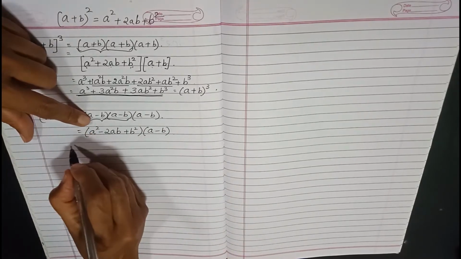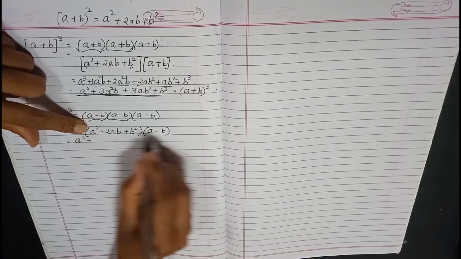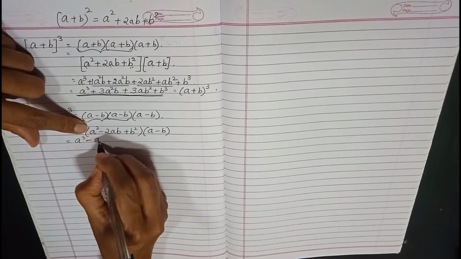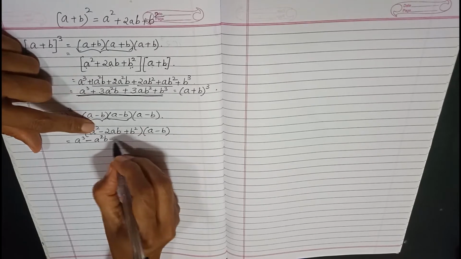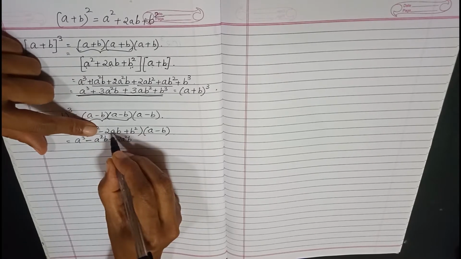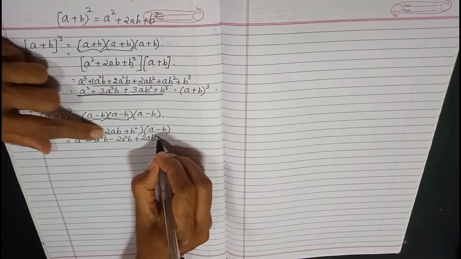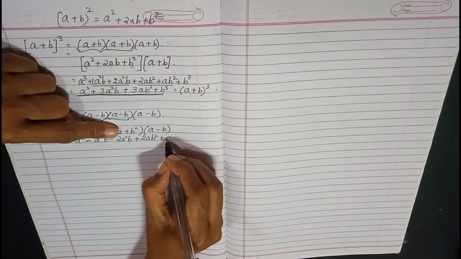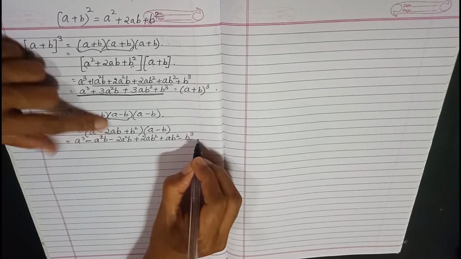So we do the same process, multiplying each and every term. So a cube minus a square into minus b is a square b. Similarly, now this one will be minus 2a square b. Minus 2ab into b will be plus 2ab square. Now b square into a is again ab square, and b square into b is minus b cube.